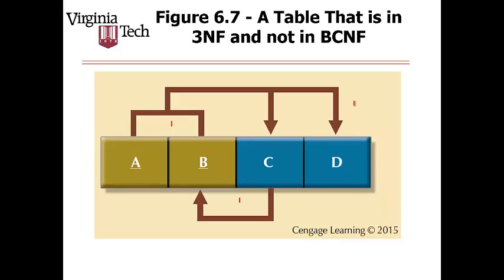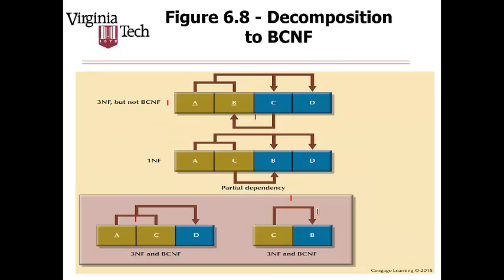Well, so I got a couple examples here. Here we say that C determines B, right? Our key is A and B, and it should determine C and D. But if you have the situation of C determines B, this is your Boyce Codd normal form violation.